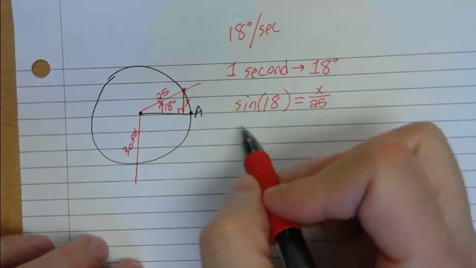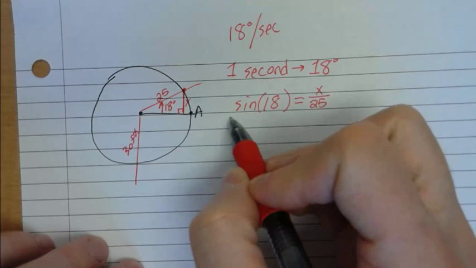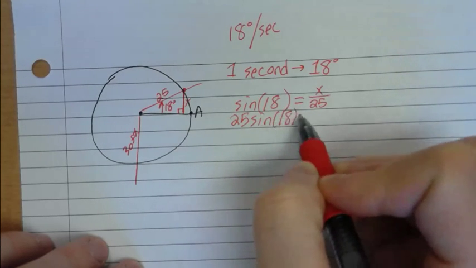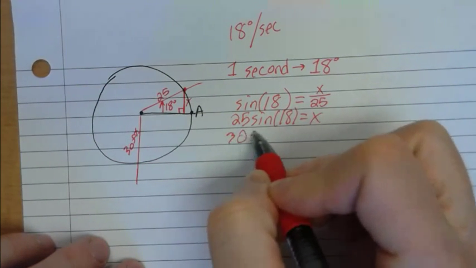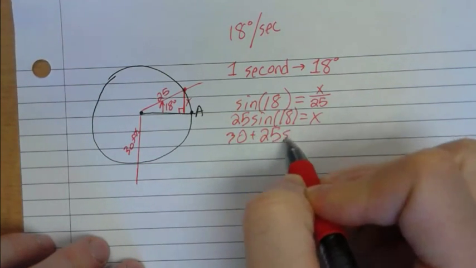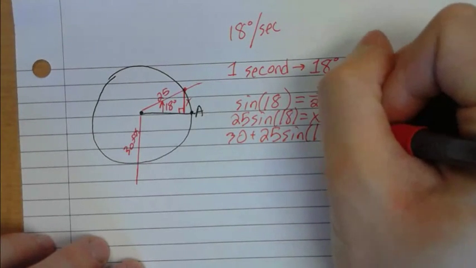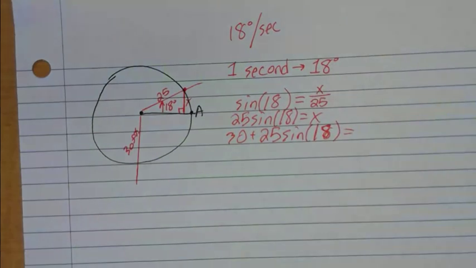So 25 times sine of 18 is that x height. And we just need to do 30 plus 25 sine of 18. That would give us our answer for height after 1 second.